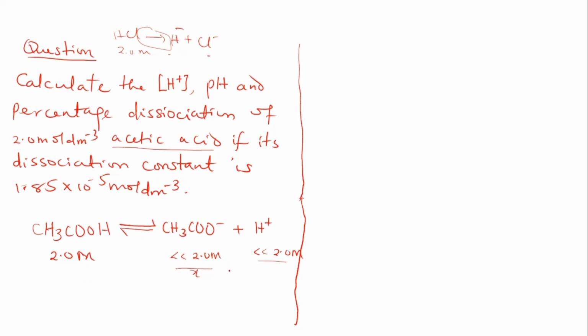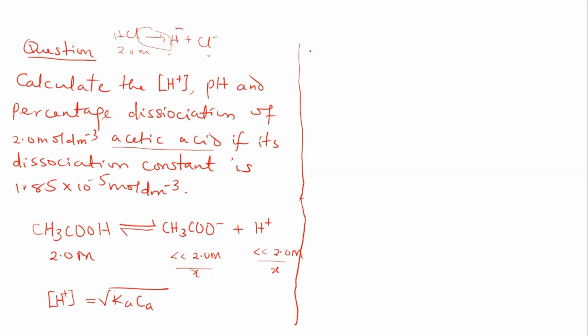If this one is X, unknown, then this X, which is the concentration of the hydrogen plus, is the square root of, and I'm going to teach you how to derive this equation later, the acid dissociation constant multiplied by the concentration of the acid.